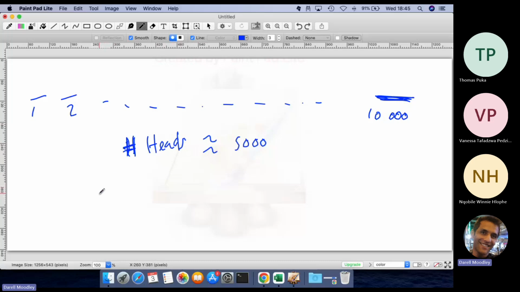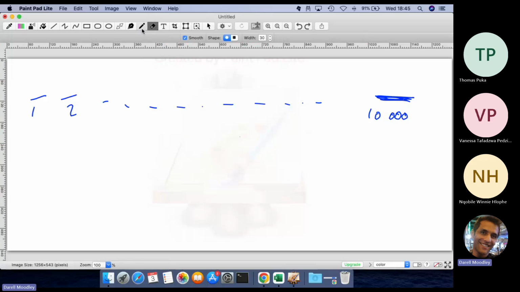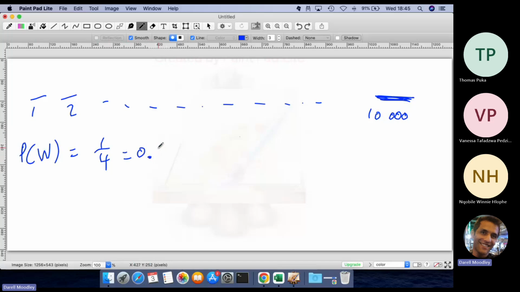So let me ask you this instead. If you played a game 10,000 times, and your probability of winning is 1/4, in other words 0.25, a 25% chance of winning, then the number of times you would expect to win would be a quarter of 10,000.